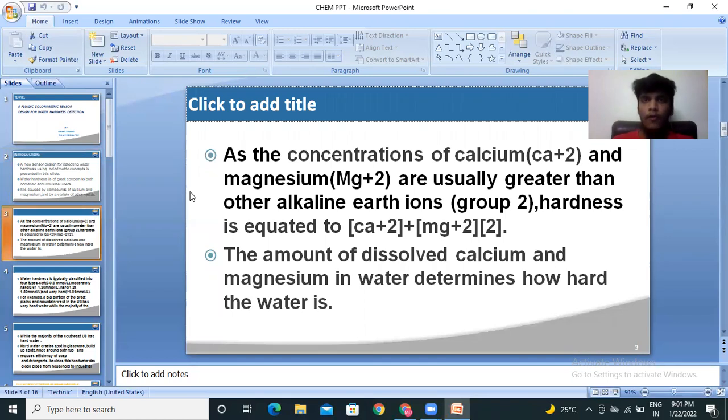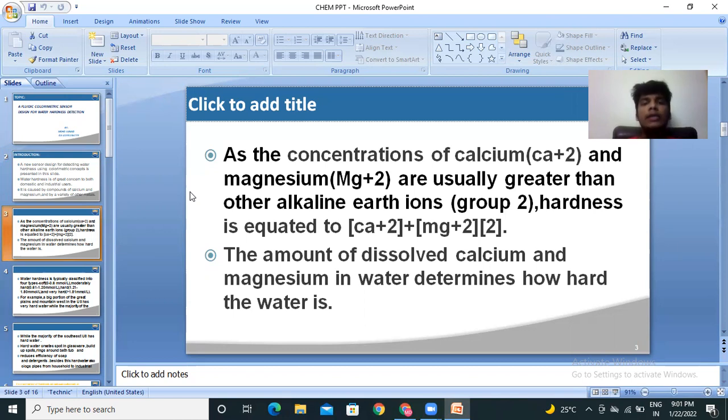Why we consider only calcium and magnesium as our first preference is because they have higher concentrations compared to the other metals of the alkaline earth metals group in the periodic table. We know that the first group and second group consist of metals. In those two groups we only prefer calcium and magnesium because their concentration is greater compared to the other elements. That's why we prefer them.